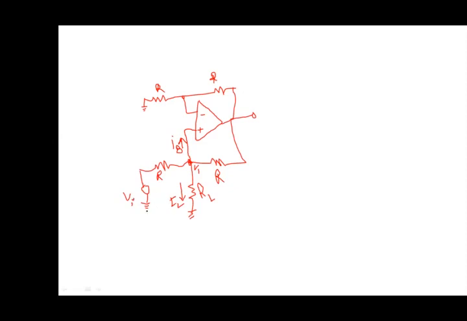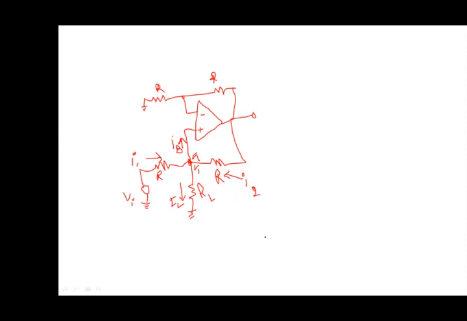Okay, so let us consider this as node A. Then the current flowing into this is I1, and the current coming from the output is, sorry, I2. Let us consider this as I2.